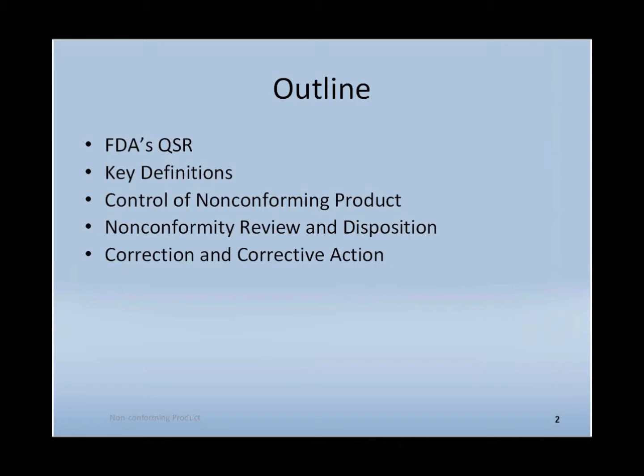That's going to lead us into corrections and corrective actions. The dispositions are going to turn out to be corrections. The corrective actions are going to be oriented in a particular way that we'll discuss. There is a requirement in QSR to do a data analysis, so we're going to look at that requirement and see how it fits into the system.